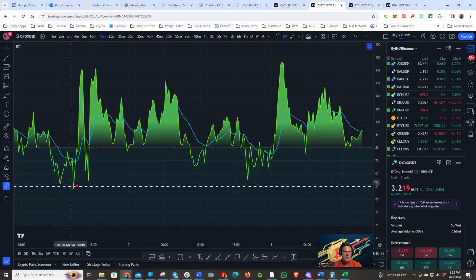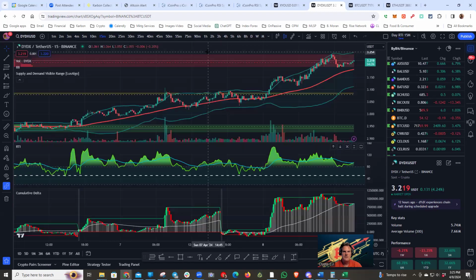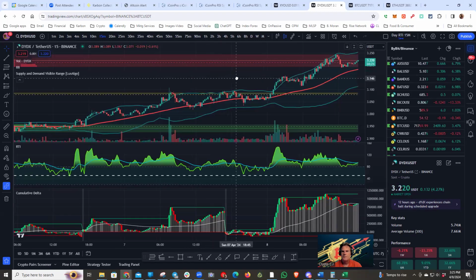If you see multiple almosts here, got this one, and this one, you don't have to set it on 50. You can set it on 56 or 60 or 70 or whatever you want to do. So it depends what the candles are doing. Okay. Any questions on Dydx as a day trade? All right. Anything on Altcoin Alert before we head over to iCoinPro?